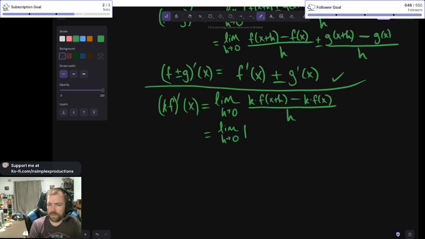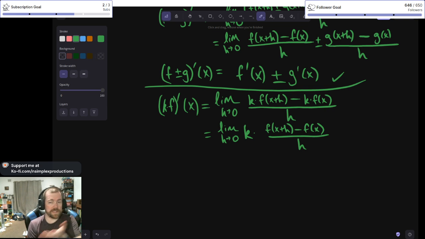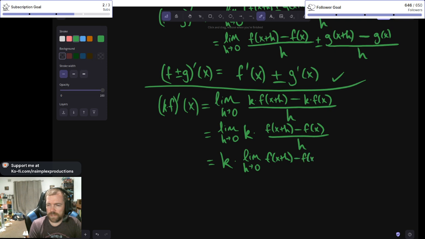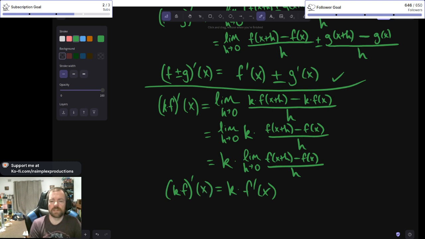The limit as h goes to 0 of k times f of x plus h minus f at x all over h. And that limit as h approaches 0 does not affect k. So k just kicks to the outside, and then we're left with the limit as h approaches 0 of f of x plus h minus f of x all over h, which is now k times f prime of x. So k times f, parentheses prime of x is equal to that.